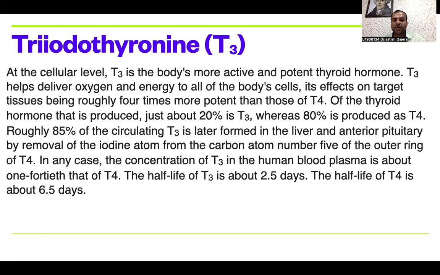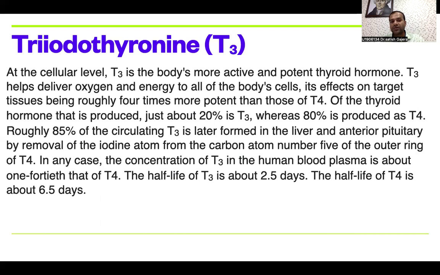So in the stress effect, there is also a role of the liver. In any case, the concentration of T3 in human blood plasma is about 1/48 that of T4. T3 is a potent and more active hormone, but its serum level is 1/48 that of T4.